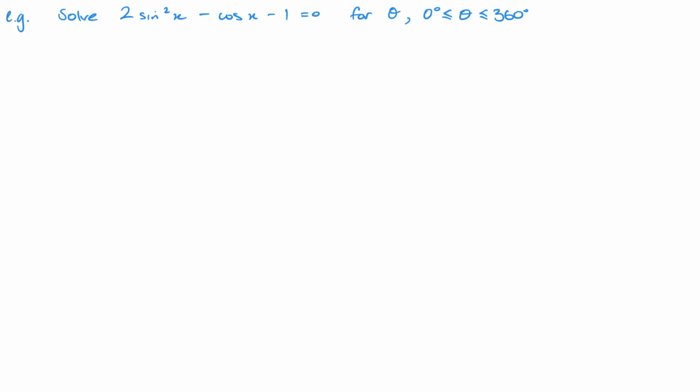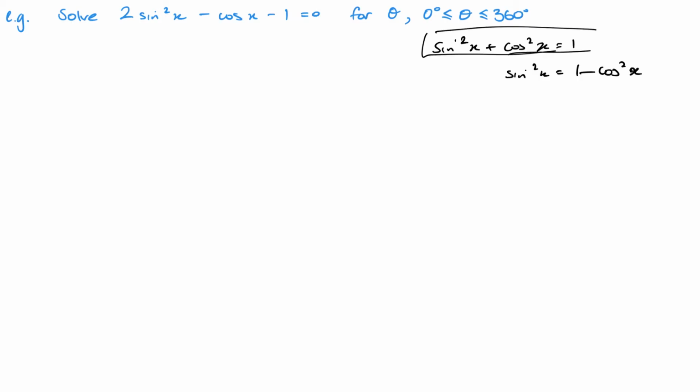So if you think back, we had sine squared x plus cos squared x equals 1. That means that sine squared x is the same as 1 minus cos squared x. This is something that you need to know off by heart. You need to know it very well, and when you convert it into either sine squared equals or cos squared equals.